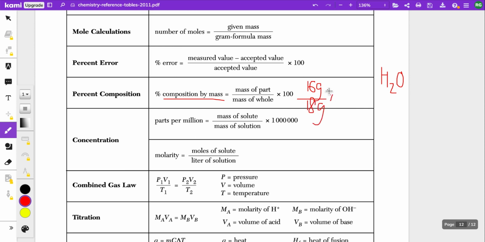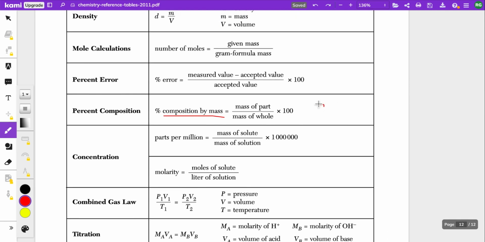You multiply by 100, put this into your calculator, and you're going to get 88.9. All this tells you is that water is 88.9% oxygen by mass. So that's the percent composition.